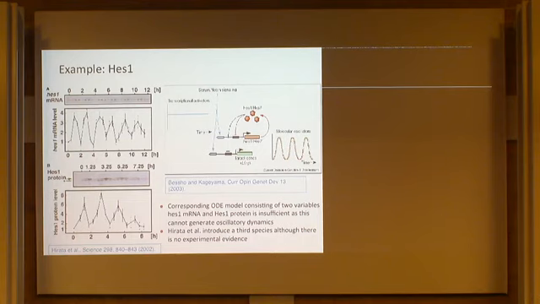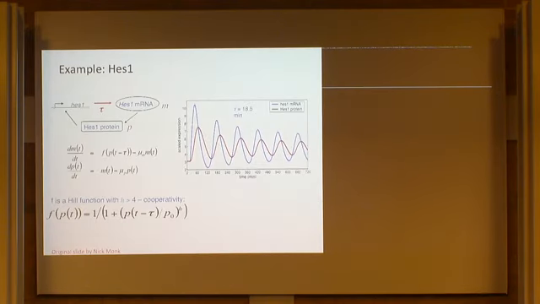In their publication in Science, Hirata et al. also introduced a model. For that, they needed a certain species to obtain the oscillations, but obviously there was no experimental evidence. But then later on, it was Nick Monk and others that showed that if you introduce delay in the transcription or the long transcription translation process, then you actually get nice oscillations.